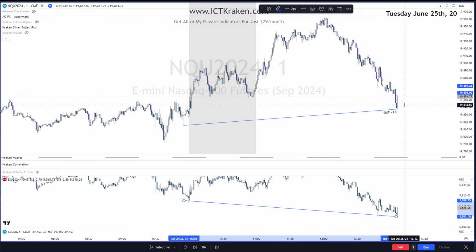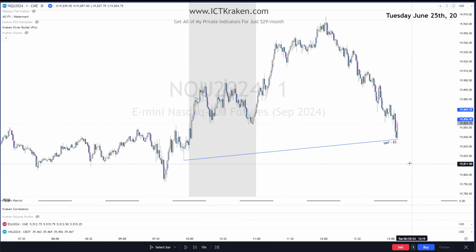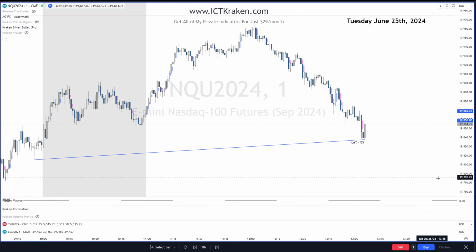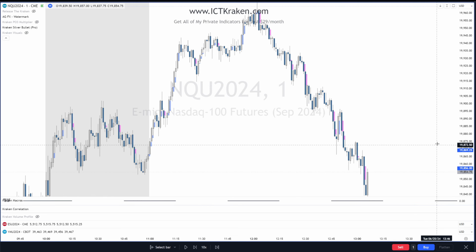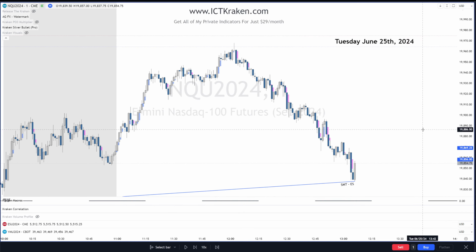Lower, higher. There's SMT. Okay, and you'll get that with market maker models. They'll be pretty big like that.